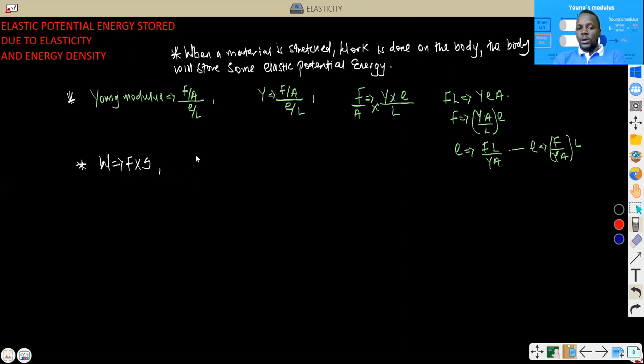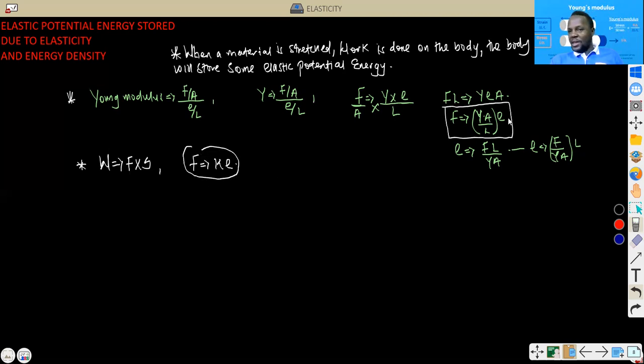Remember from Hooke's law, F equals K E, because now the wire is behaving exactly like a spring, having a force constant K and an extension E. So the force constant K, which we need to understand, is the constant of the formula. You can see F equals KE from the spring, which we have discussed.